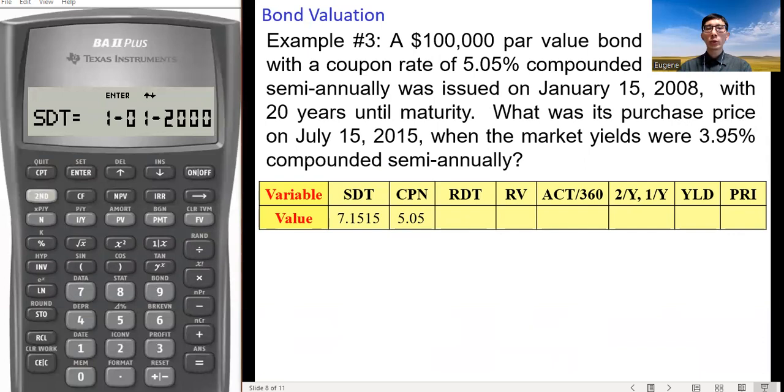The bond was issued on January the 15th, 2008, with 20 years until maturity. So the bond matured on January the 15th in the year 2028. So we key in 1.1528 as RDT.